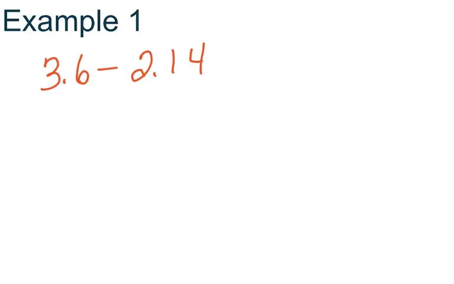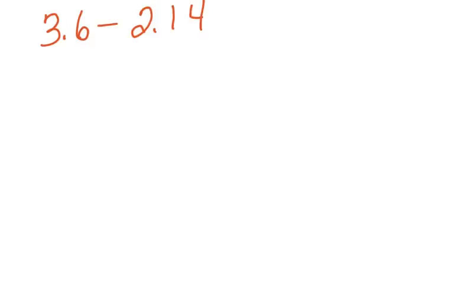So let's look at our first example. I'm going to switch my color to a little yellow here, and I have 3 6/10 minus 2 14 hundredths. We set this up like we normally would set up a subtraction problem in a vertical format. The first thing we always do is bring our decimal point down to keep everything lined up.